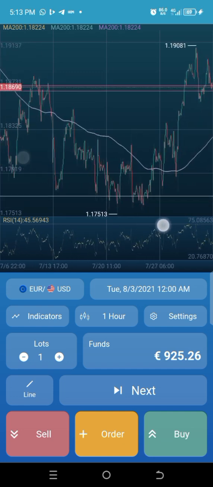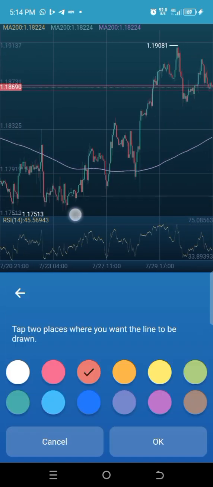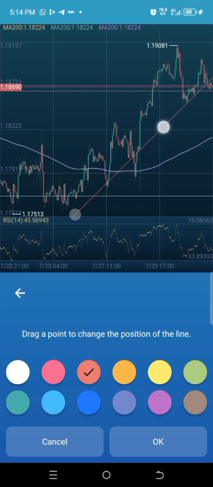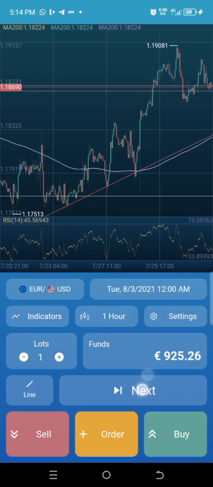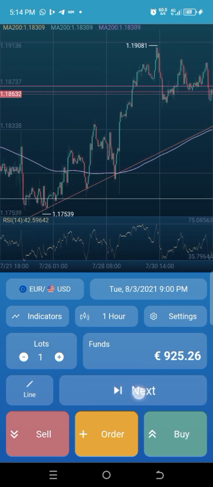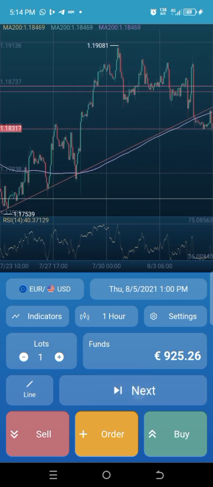So our trend line right here, not the perfect one. Or let me see. Let me use this. Has more points. It's broken.